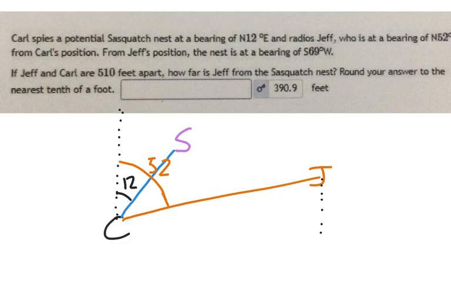So gamma is 180 minus 17, which gives us 123. So sine 40 over A equals sine of 123 over 510. We can do our cross multiply.